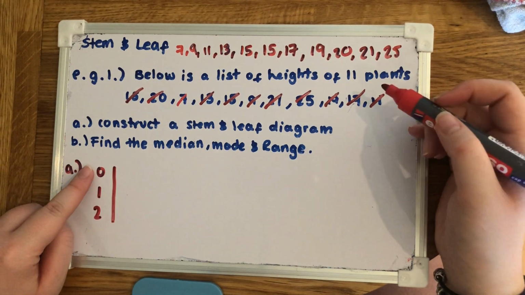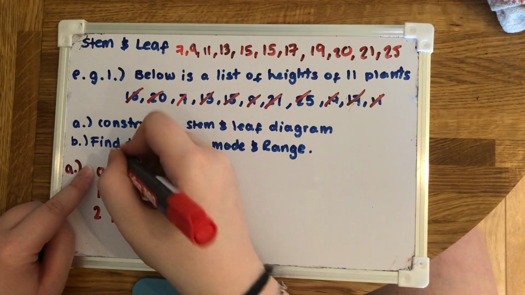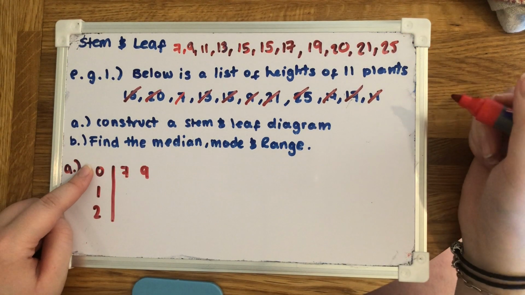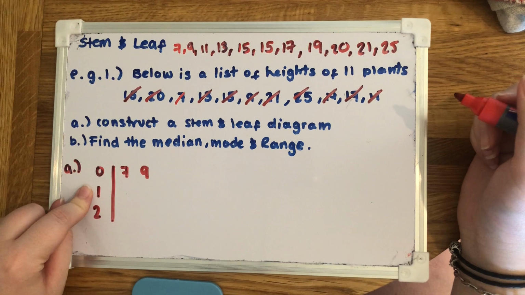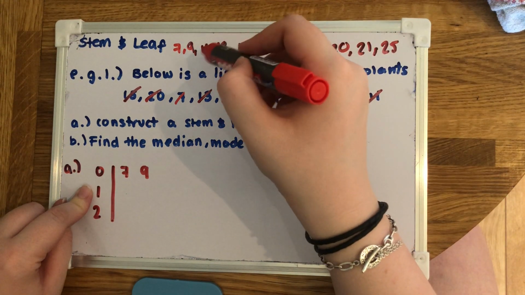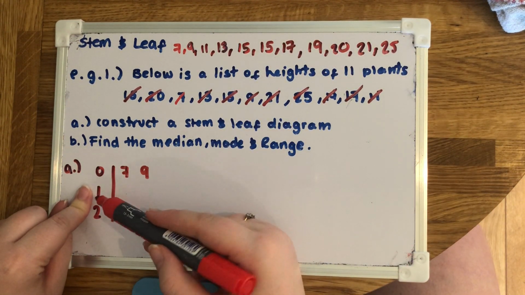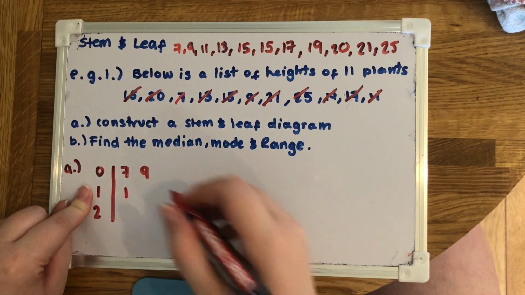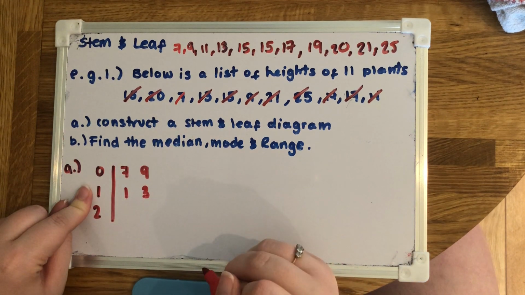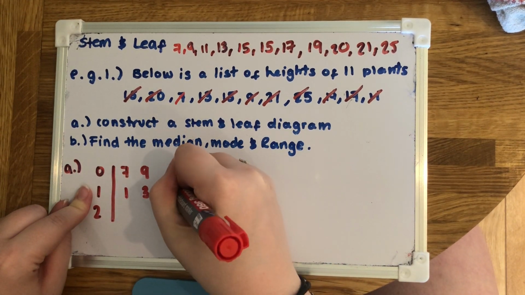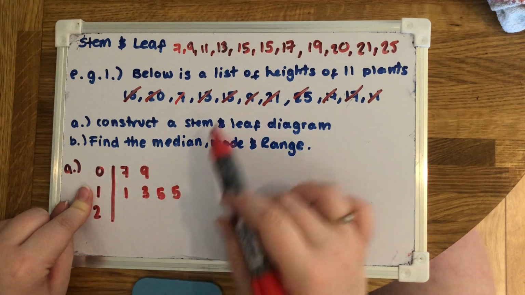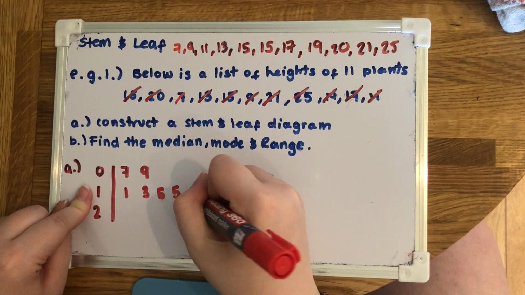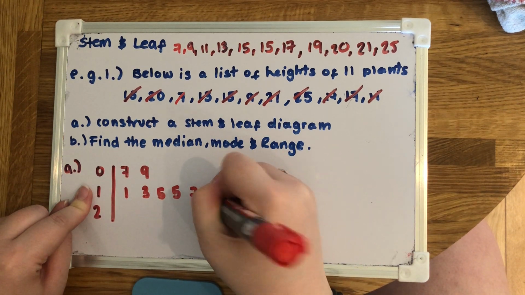So for the 0 tens, we've got 7 and 9, so all I write is 7 and 9. The next one, we've got the 10s. For the 11, we've already got 10 there, so to make it 11, we would have an extra 1. Then for the 13, an extra 3, and then 2 5s, because there are 2 15s. 17, another 7, and then a 9.